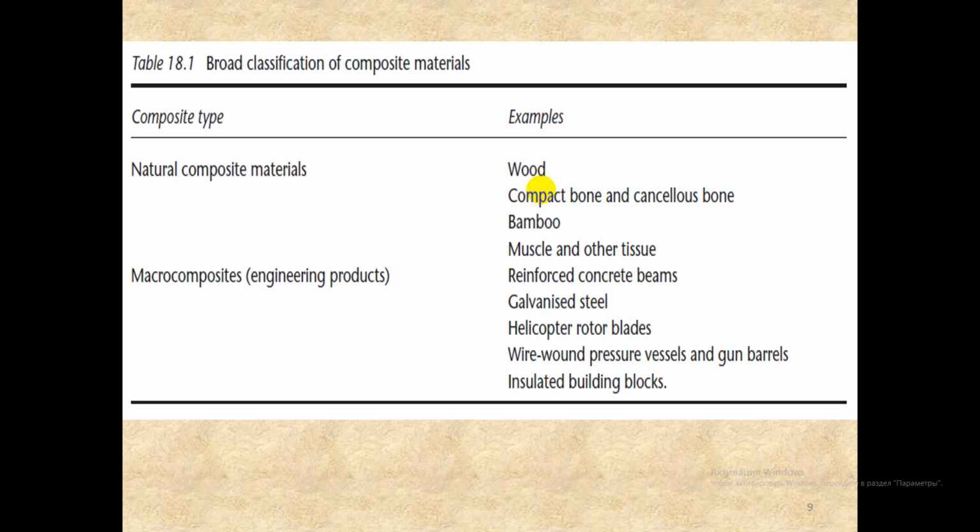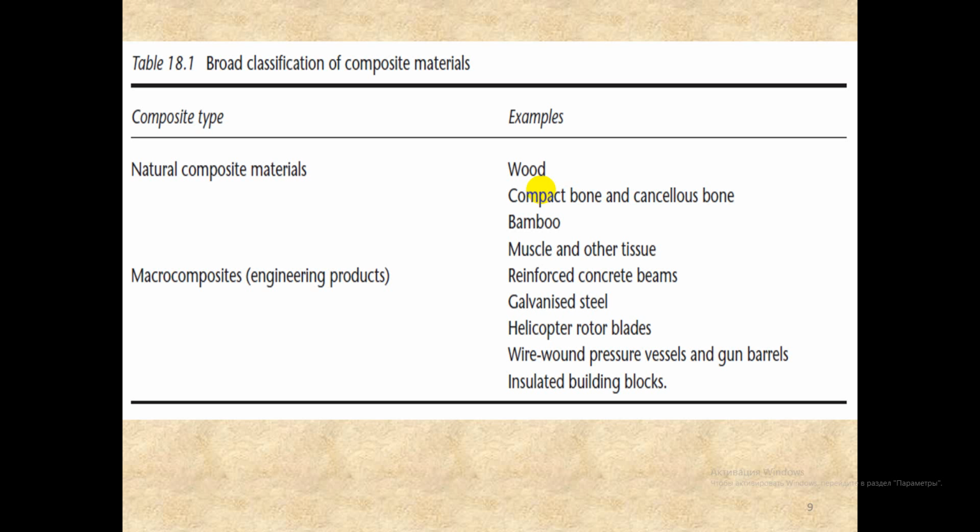To give a well-known example, plain concrete is itself a composite. Particles of aggregate reinforce a cement matrix. Reinforced concrete is a composite with steel reinforcement bars aligned in the direction in which the tensile loading is to be carried.